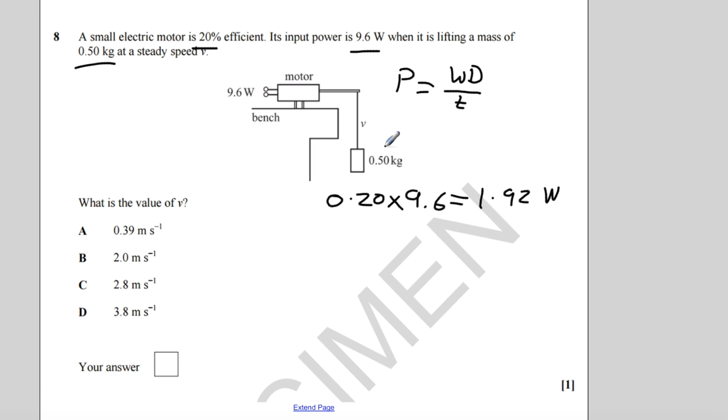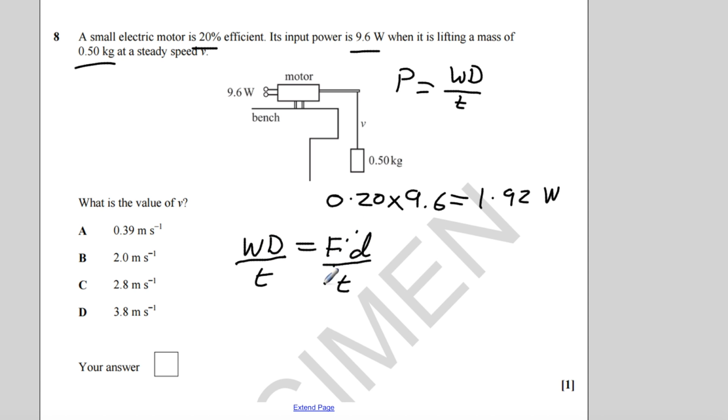And the work done is equal to the force times the distance in the direction of that force. So if we turn this into the power by dividing by time and do the same over here, this term here is equal to the power, and that's equal to this.